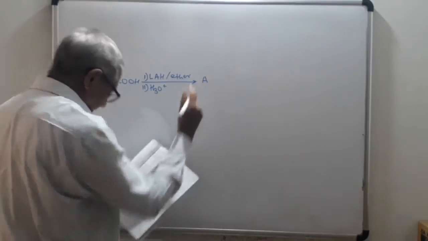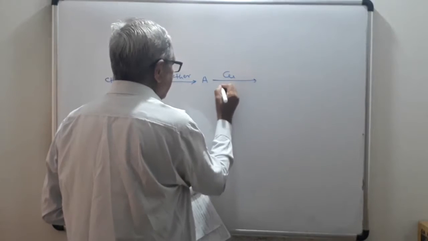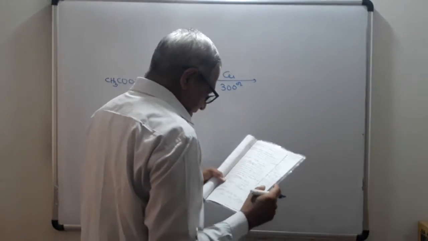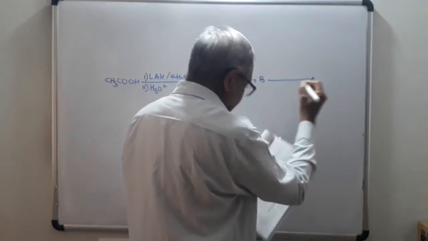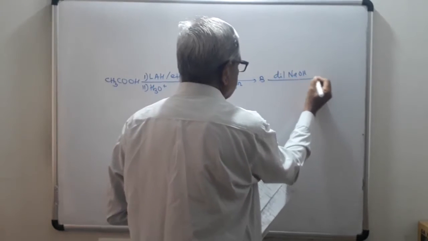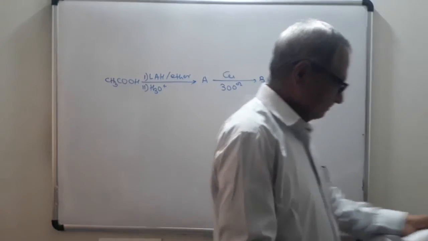You will get A. Then A is heated with copper at 300 degrees centigrade. You will get B. Then B is treated with dilute NaOH. You will get C. You have to identify A, B, C.